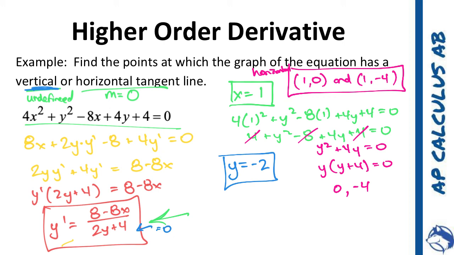I now need to do the same thing with y is negative 2. So if I've got 4x squared plus negative 2 squared minus 8x plus 4 times the negative 2 plus 4, I'm going to have a similar thing happen where my constants are all going to cancel out, and I'm left with 4x squared minus 8x is equal to 0.